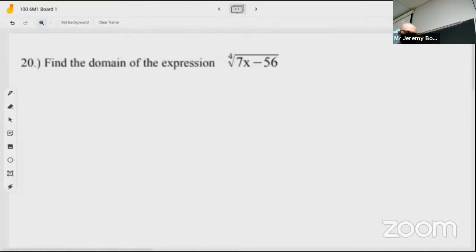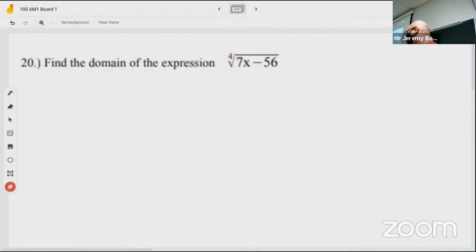All right, so let's talk about this because I haven't really talked about it before, and we got a few minutes. So remember, we're talking about the domain of the expression. There's those two things we got to worry about: variable in the denominator. That's not happening here. Variable under even root. This is a fourth root. That is an even root.